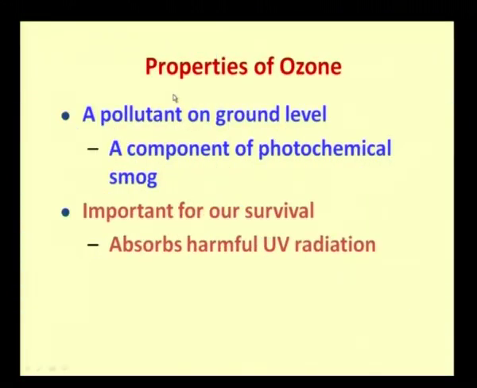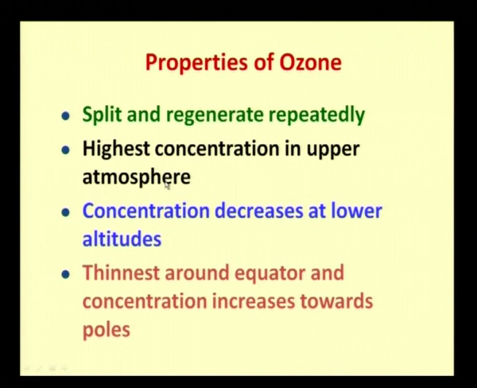And what are the properties of ozone? It is a pollutant at ground level, because it is a component of photochemical smog, causing smog at lower levels. The same ozone at a higher level acts as a protecting layer, protecting us from the ultraviolet radiation.